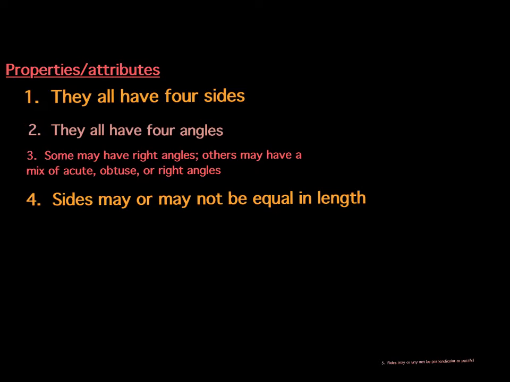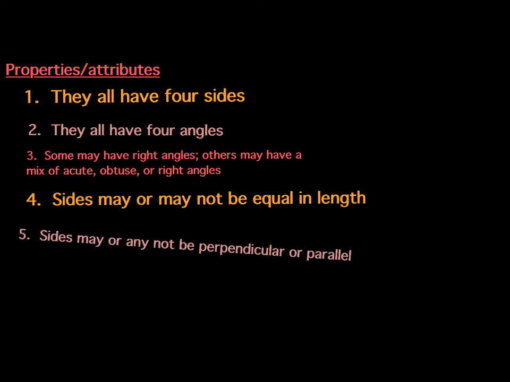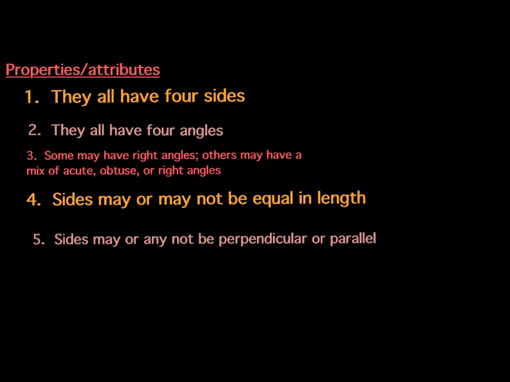So basically that means that my sides can be different sizes. And last but not least, the sides may or may not be perpendicular or parallel. So remember, perpendicular, they form a right angle. Parallel means they're not going to cross.